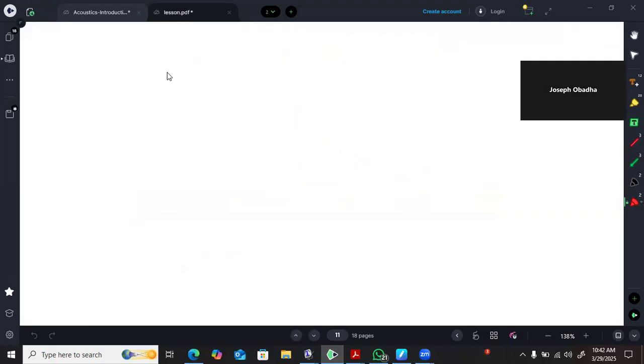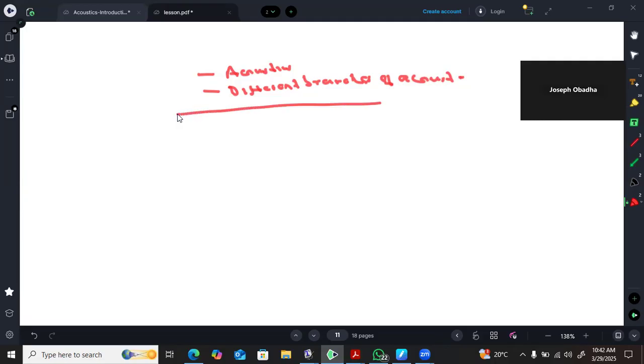So in this slide, we have defined what acoustics is. And we have also discussed the different branches of acoustics. But what they have in common, we have said, is that there is sound energy involved, and sound is produced by vibration.